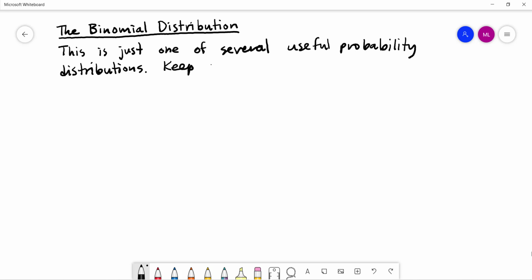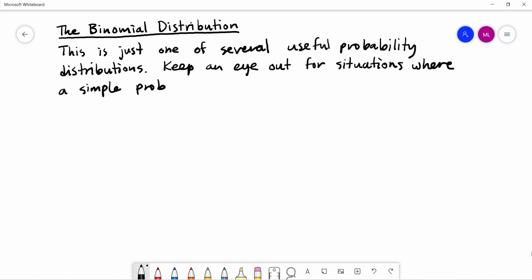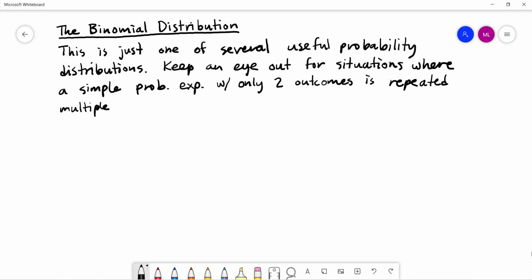So what we want to do is keep an eye out for situations where a simple probability experiment, with only two outcomes, is repeated multiple times.